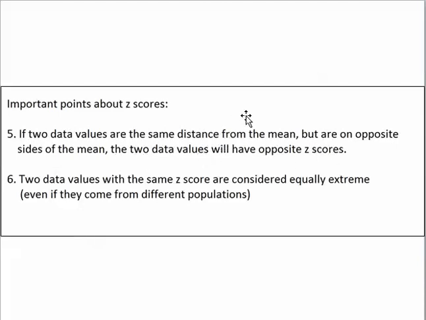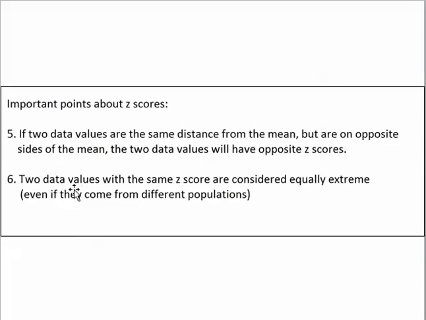That means that let's imagine that a certain data value is 10 below the mean, and another data value is 10 above the mean. Those two data values are the same distance from the mean, but they're on opposite sides of the mean. Those two data values will have the same z-score, but the only thing that will be different is the sign of the z-score. One data value might have a z-score of negative 3.2, and the other data value might have a z-score of plus 3.2.